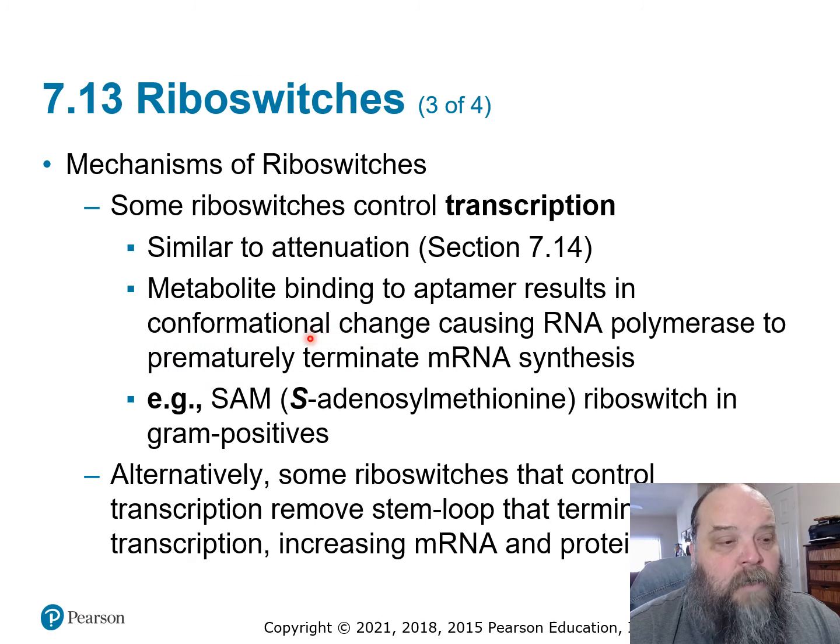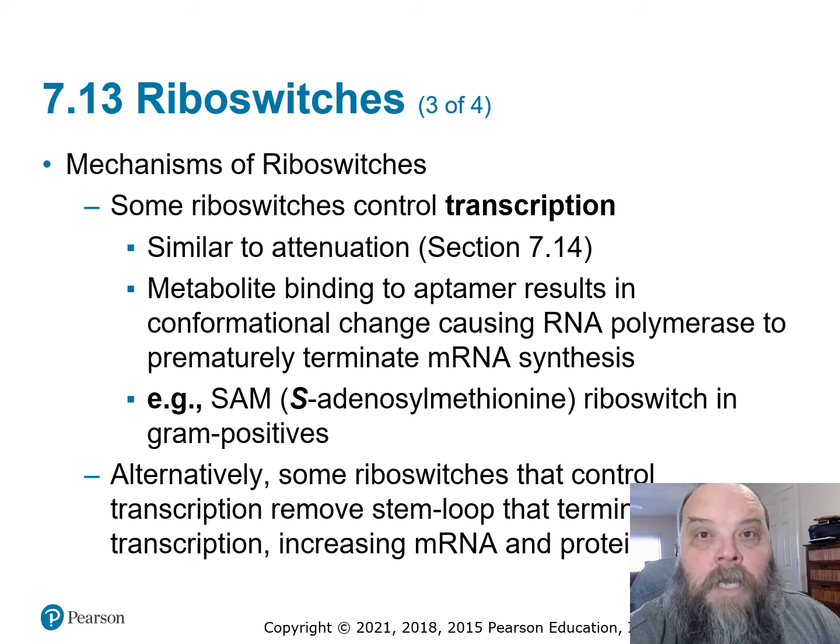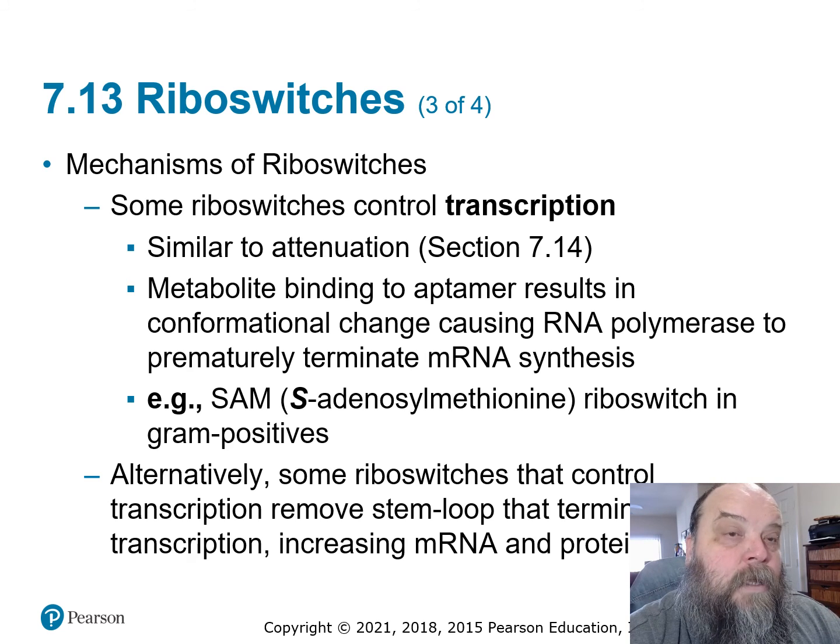The entire gene will not be transcribed, or the entire operon will not be made into a polycistronic messenger RNA. How it actually forces this, don't know, don't care. It just does. All right. If you really, really want to know, ask Dr. Albie in genetics class how these riboswitches can actually force this to occur.